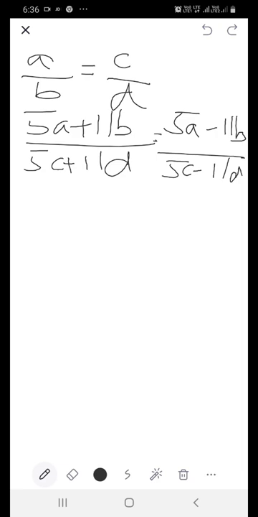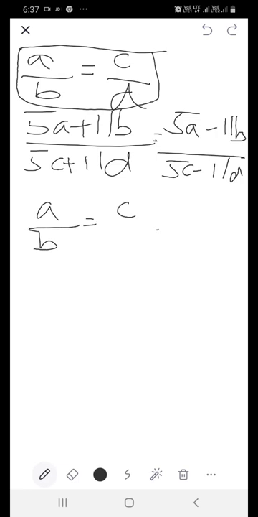But the given is this. I'm again writing the given because we are going to start from the given. Now what do you see in the proof? Whatever you have to prove, in that you see with the a, the coefficient is 5, and with b you have 11. Same is with c and d.